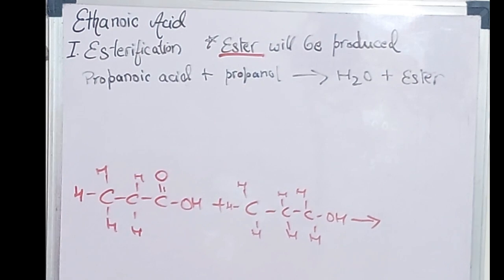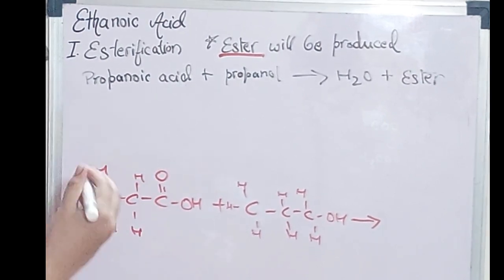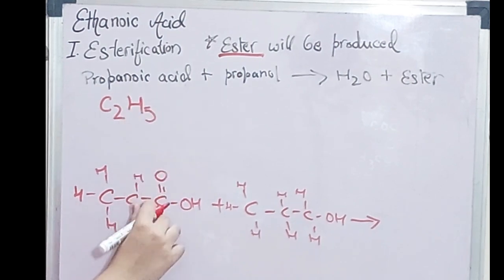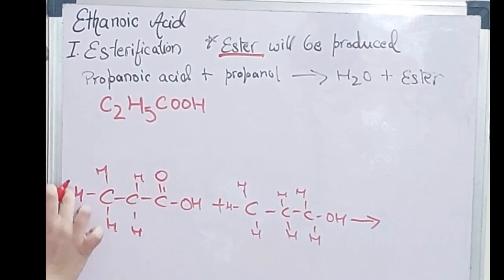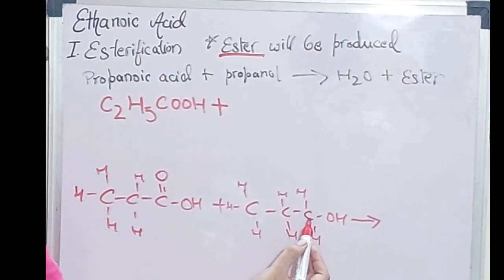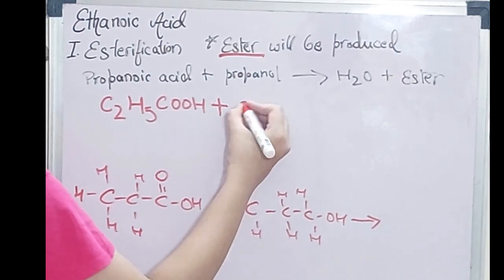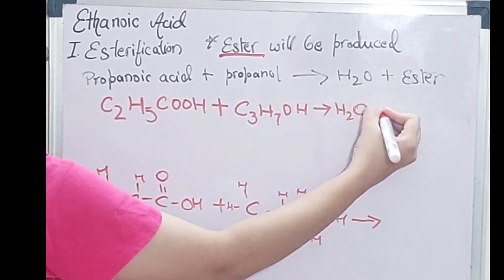So this is what? Propanoic acid. 3 C's, double bond oxygen, single bond OH, and 1, 2, 3, 4, 5 hydrogens. So if I write it down, this is C2H5COOH, plus C3H7OH, which will give me water plus.